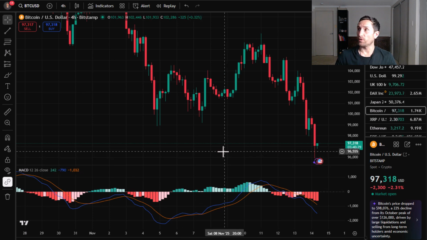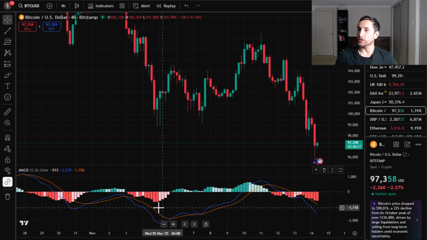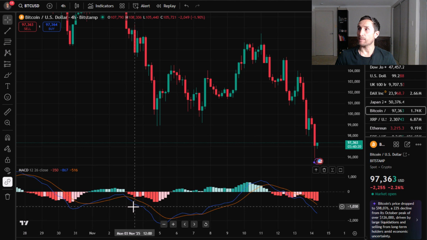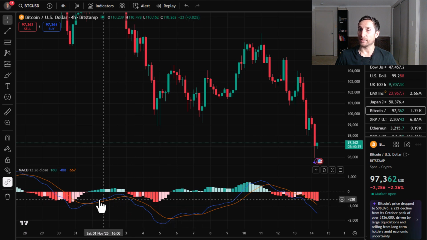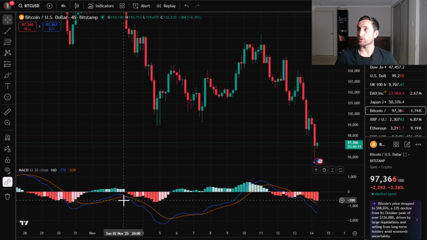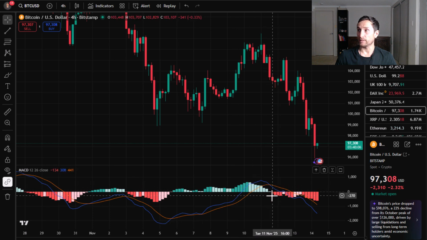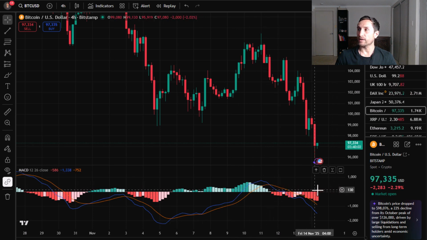Signals to look for here: a bullish crossover happens when the MACD, the blue line, crosses above the signal line, the red one. And a bearish crossover happens when the MACD line crosses below the signal line, like in this case. A zero line cross confirms a full trend shift.